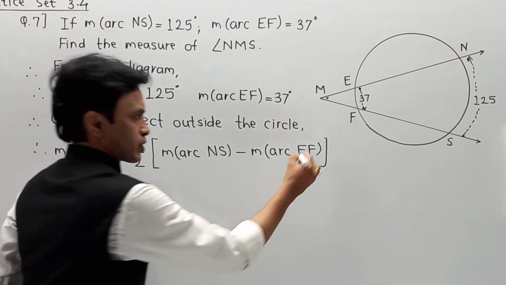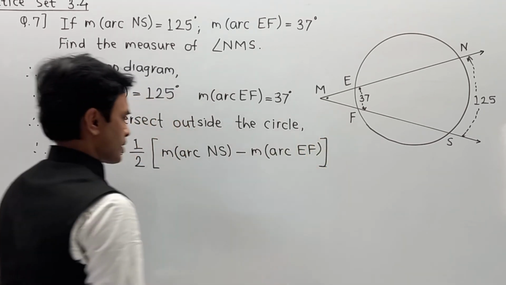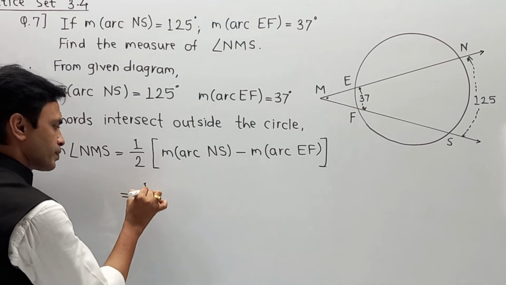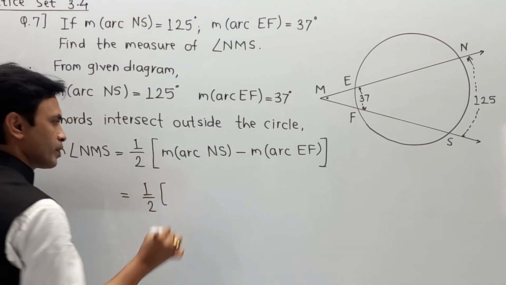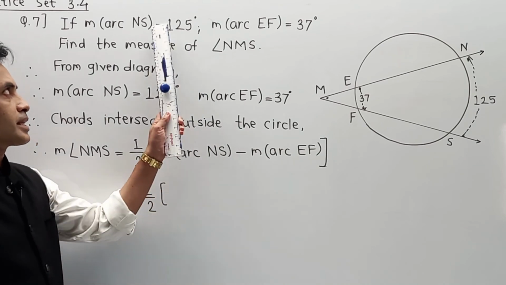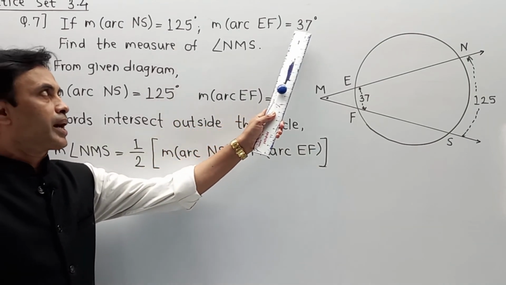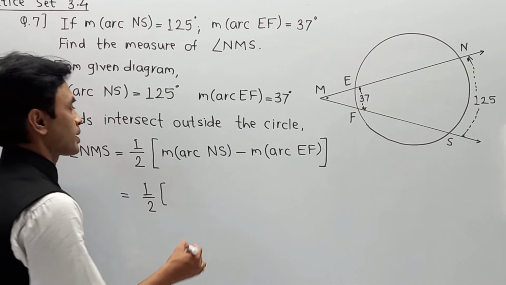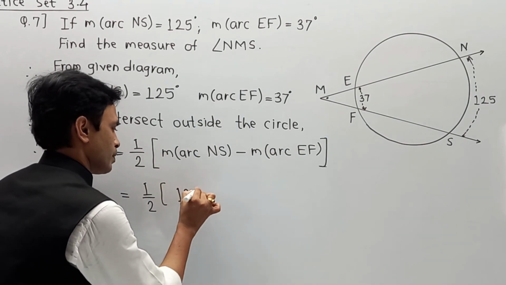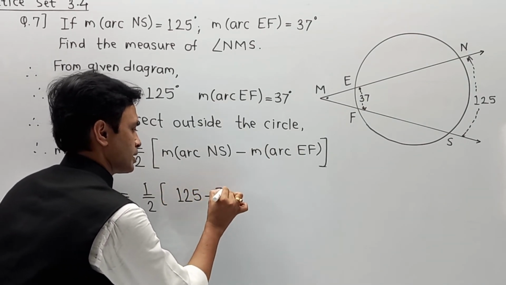Now, making simplification of that, it is equal to half of major arc NS, that is 125, minus EF, that is 37, so it becomes 125 minus 37 degrees.